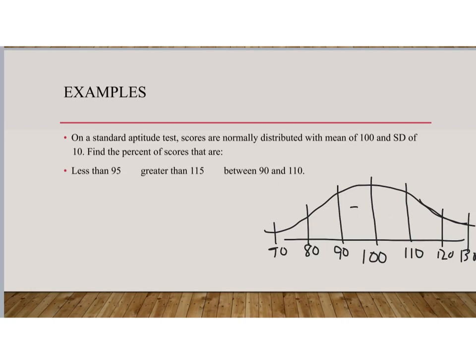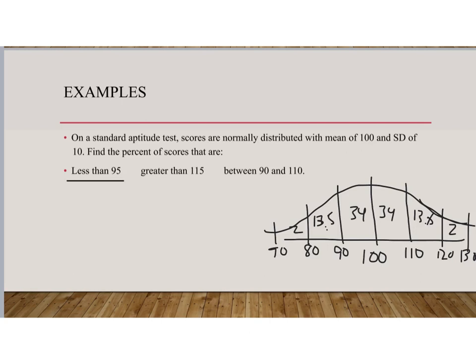And I could put those percentages in, 34, 34, 13.5, 2, and so on. So now let's just find the percent of scores that are less than 95.